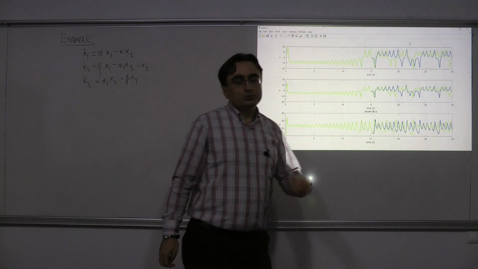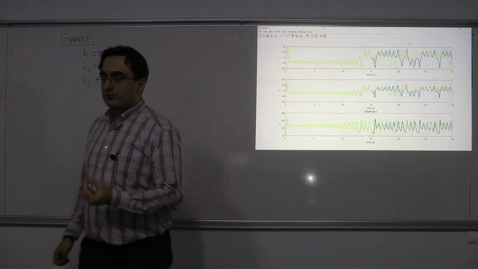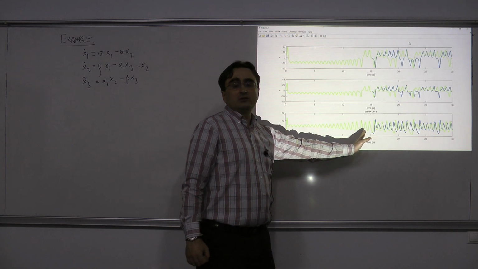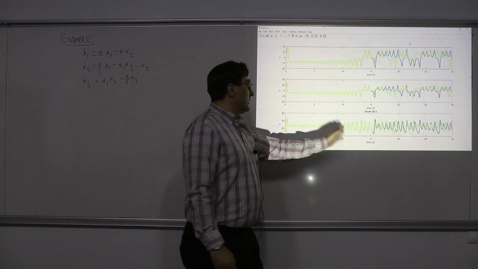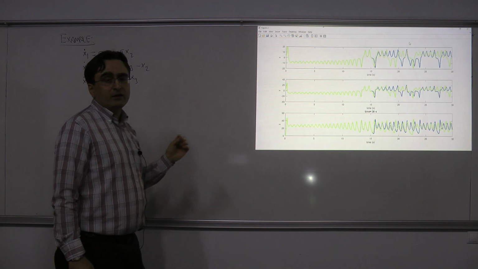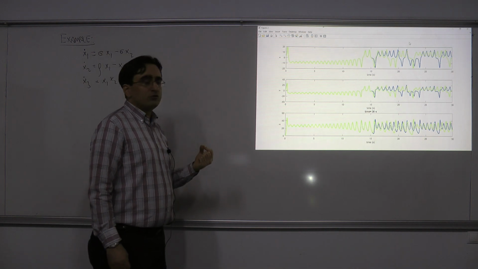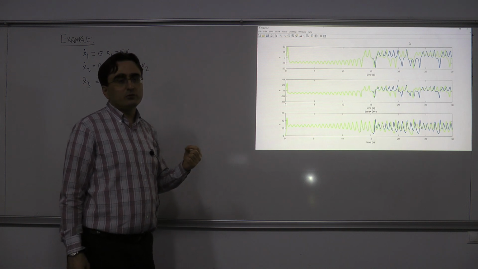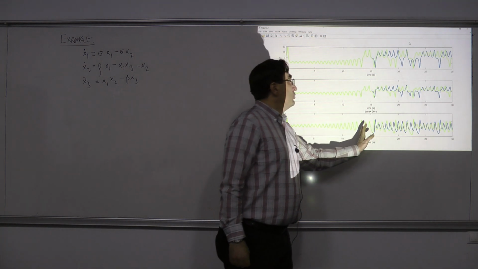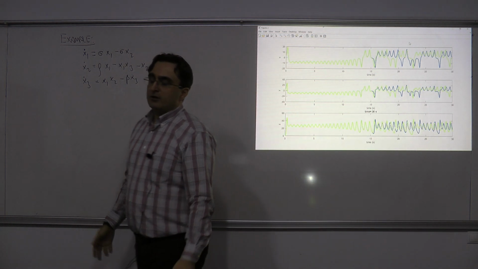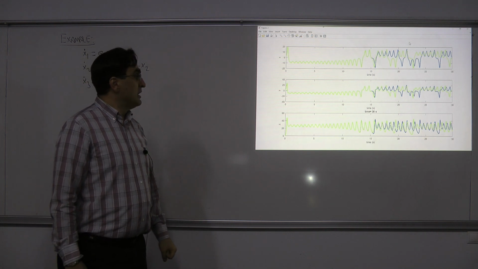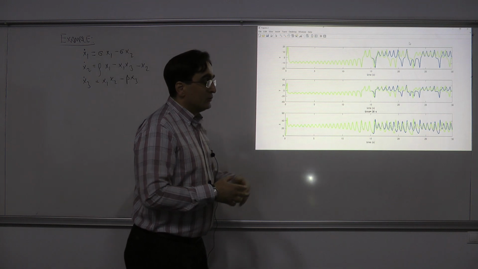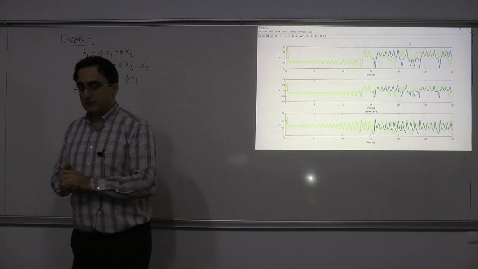But if you do not know your initial conditions extremely accurately, your predictions are going to be valid only for the near future, okay? Because these type of systems are chaotic, they are very, very sensitive to initial conditions, and even a negligible change in the initial conditions can make very, very large differences in the far future. That is why we cannot actually predict the weather accurately for very, very long time periods.